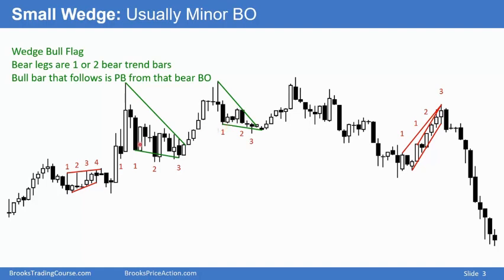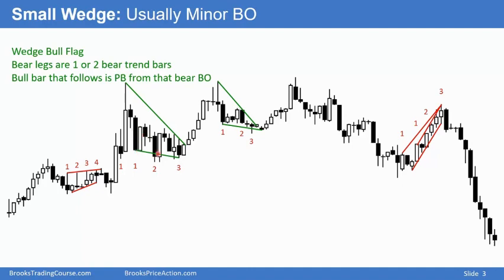For the bulls, the bull bar that follows that bear bar is a pullback from that bear breakout. So we have a bear breakout, and then a pullback. Another bear breakout, another pullback. Another bear breakout, and another pullback. At some point, the bears decide that all of these strong bear breakouts are not working, and they stop selling, and the market then ends up going the other way.